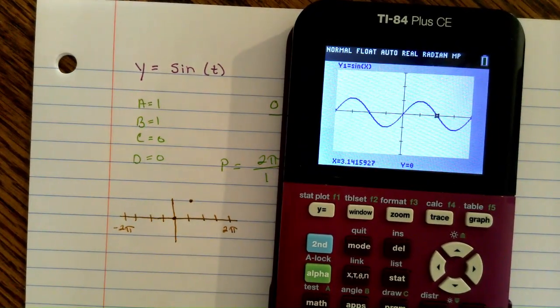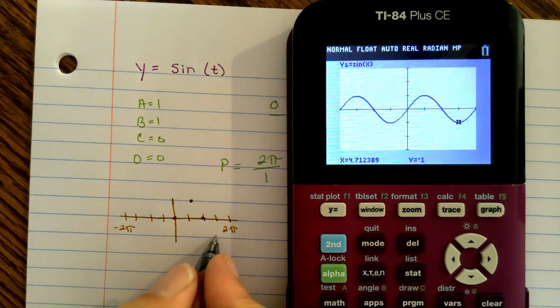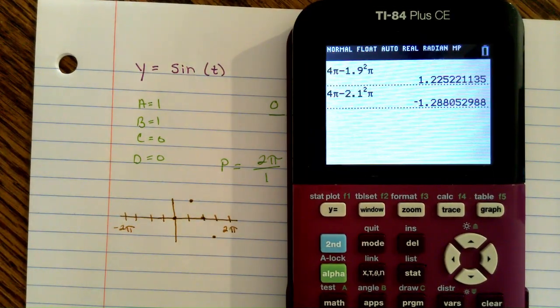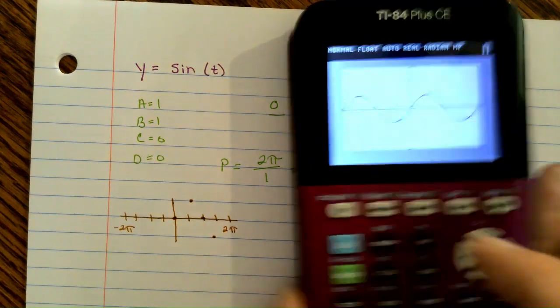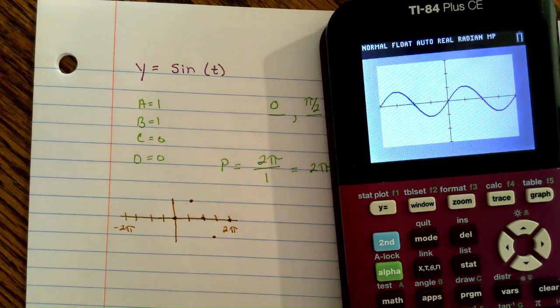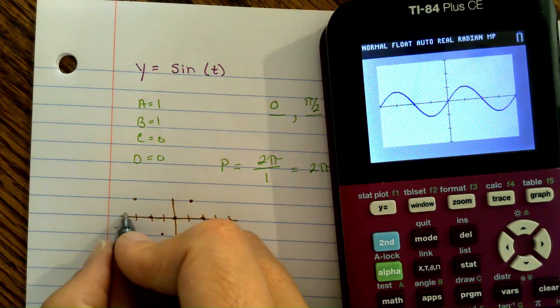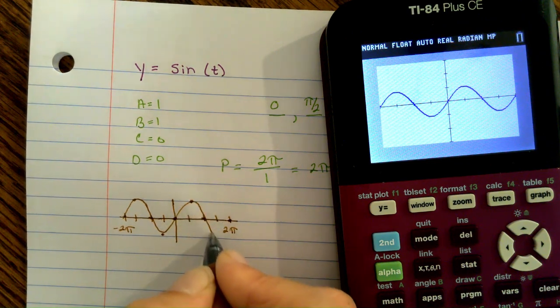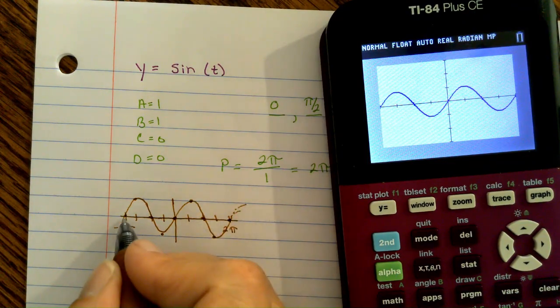Pi is at 0. 3 pi over 2, that was our next important number, is at negative 1. And 2 pi is right here on the edge of my window, at 0. And then it repeats. So if you've ever heard of a sine wave before, that's what's going on. It just keeps going and going, right?